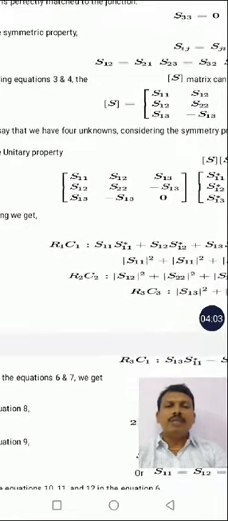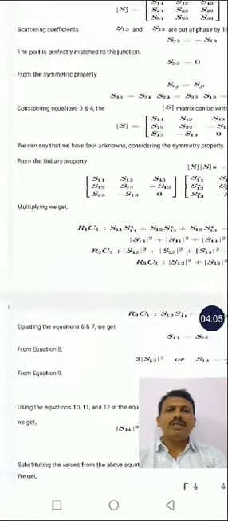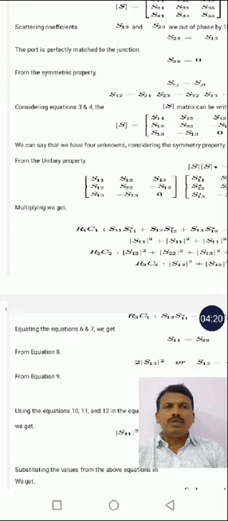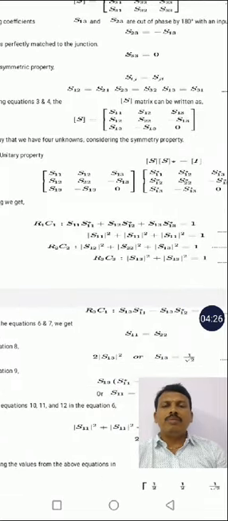Then using the symmetry property: if our junction is a lossless junction, the symmetry property holds, so Sij equal to Sji for i not equal to j, where one index is the row and the other the column.